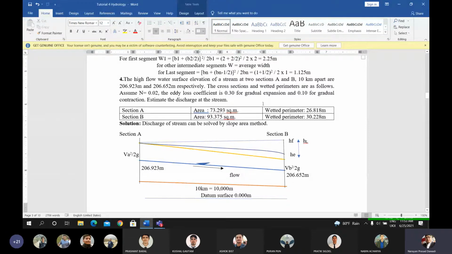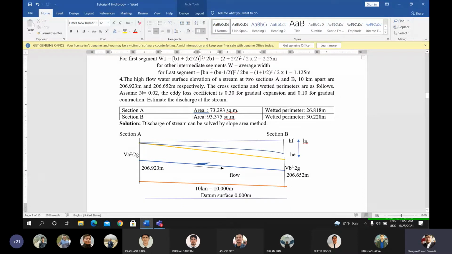So we have to take the eddy loss coefficient as 0.30 for the gradual expansion, because the flow goes from section A to section B. Since section A is smaller than section B, the sectional area is gradually expanding along this reach.